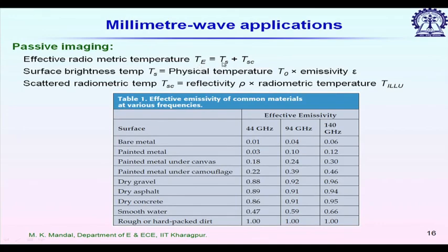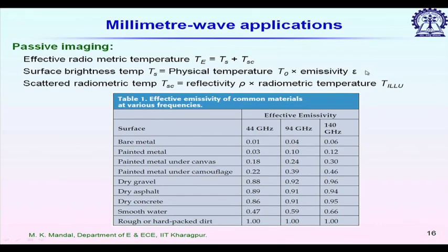Now, the effective radiometric temperature of any object, T e, comprises two components, given as T s and T s c. T s we call the surface brightness temperature. It is due to the black body radiation, and it is equal to the physical temperature of the body, let us say T naught, multiplied by the emissivity of that object.